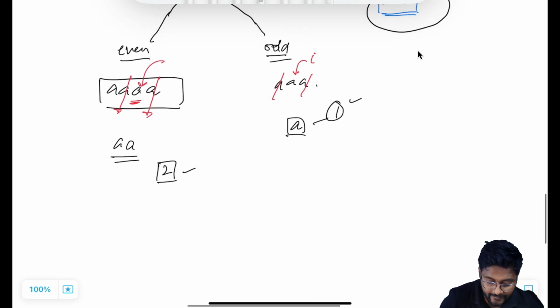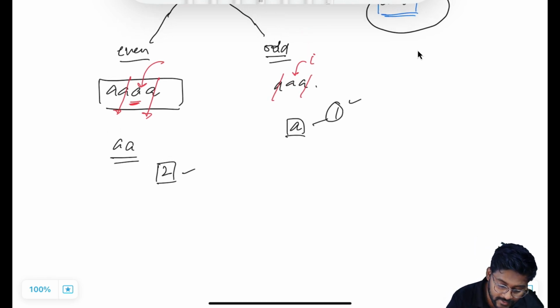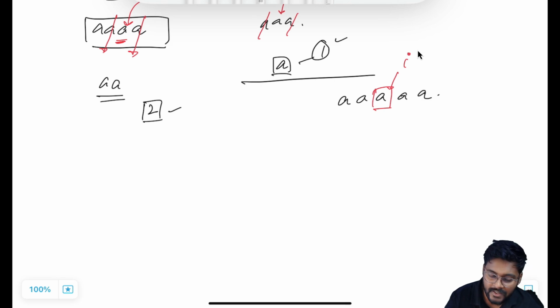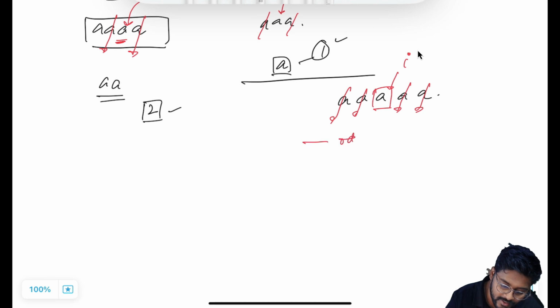Okay, what about if we have more than 3 characters which are odd? Let's take an example of 5 times A: 1, 2, 3, 4, 5. I think this is the same. Choosing this as the ith character, delete this and delete this, and apply the same operation again. Delete this, delete this. So now it is clear, whenever it is an odd frequency, that frequency will be reduced to 1.